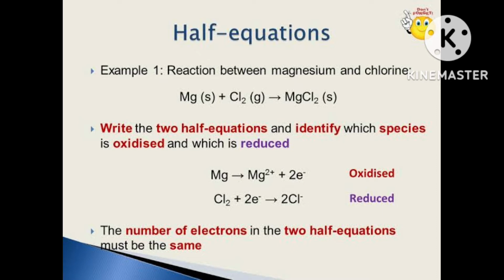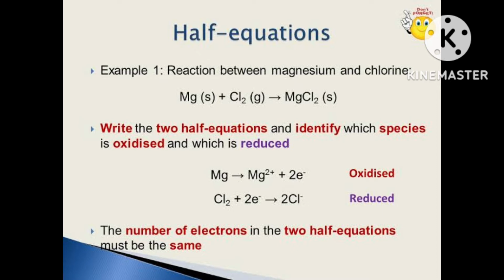Correct? Then always see who is losing the electron and who is gaining the electron, how much the reducing agent is losing and how much the oxidizing agent is gaining. You have to find this out in the reaction: how many electrons the reducing agent lost and how many the oxidizing agent got.